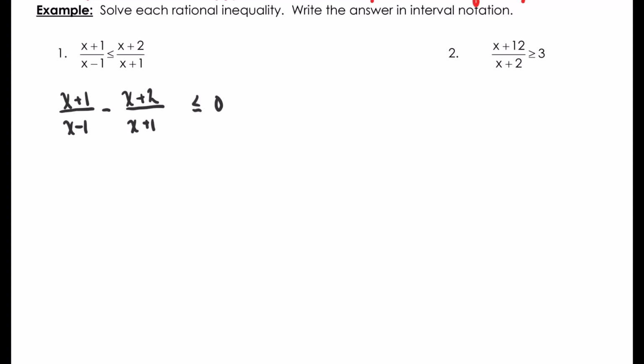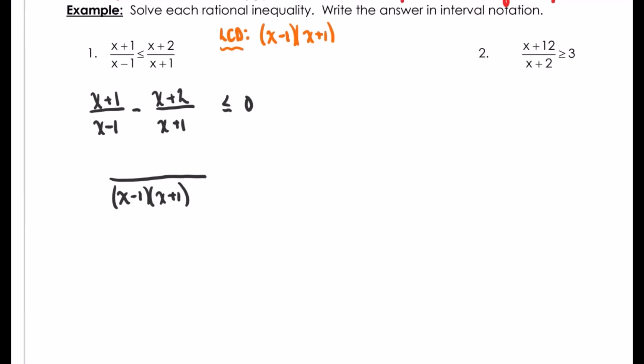Now, notice that the least common denominator here is going to be (x minus 1)(x plus 1). So my left-hand side, that's going to be my new denominator, (x minus 1)(x plus 1). My first fraction is missing the x plus 1.